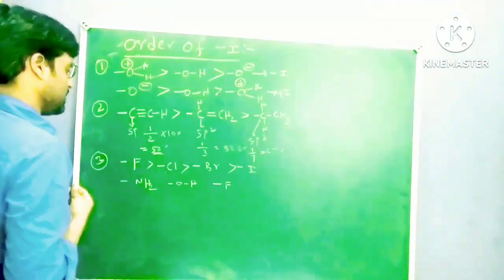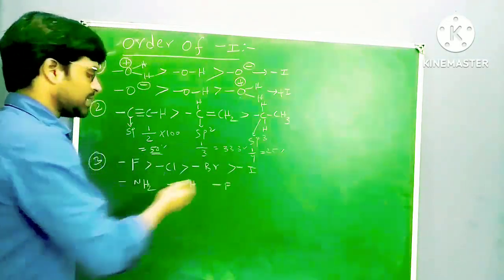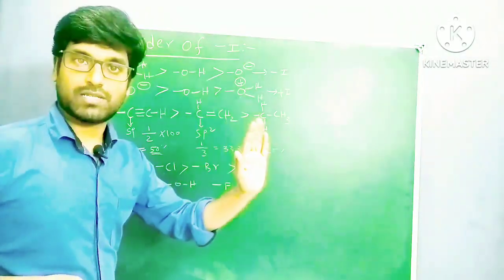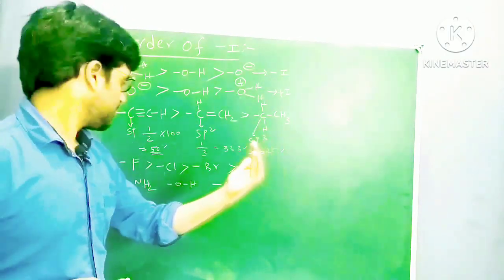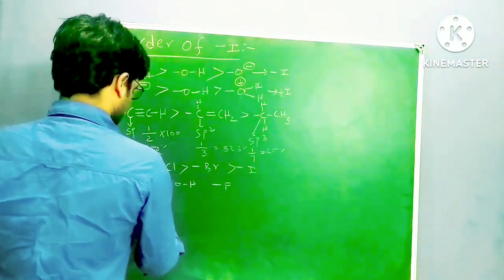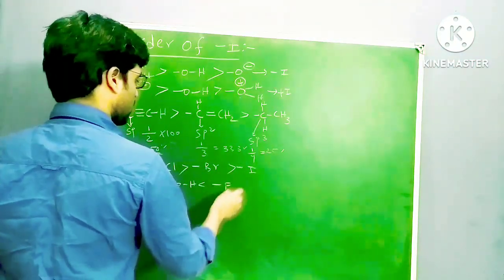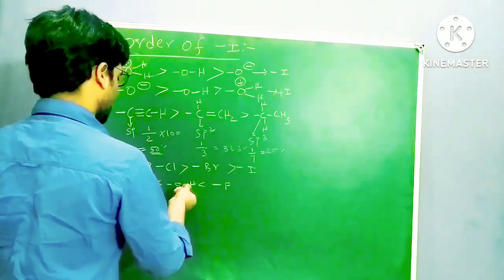These groups are attached to the carbon chain. Now for electronegativity, fluorine is higher because this is the period. Nitrogen, oxygen, fluorine. So fluorine is more electronegative, then oxygen, then nitrogen. So this is the order, because this is the more electronegative atom. So minus I for this group is higher, after this, after this.